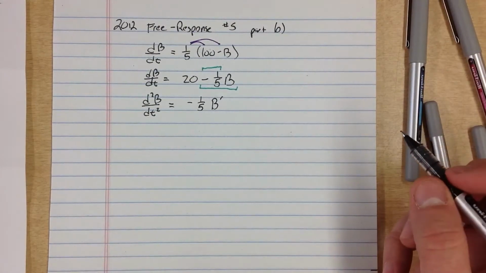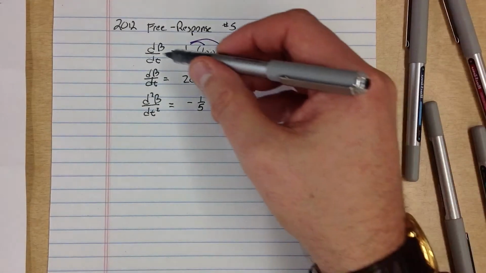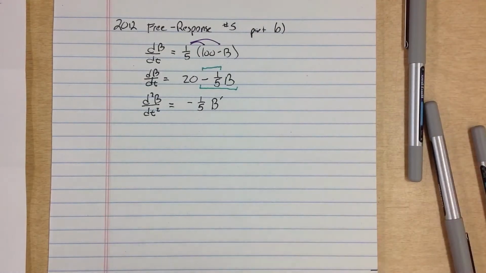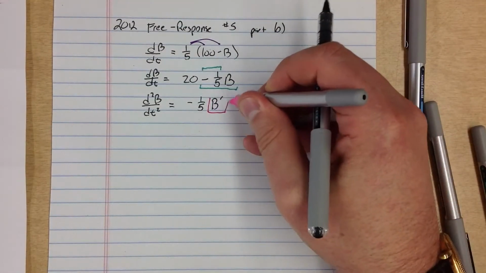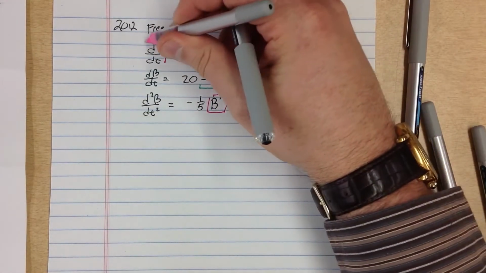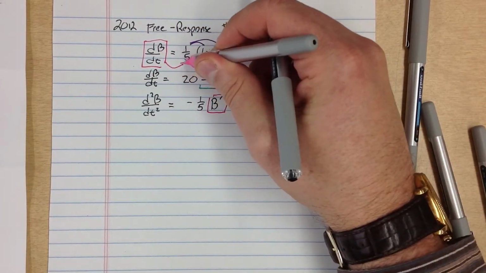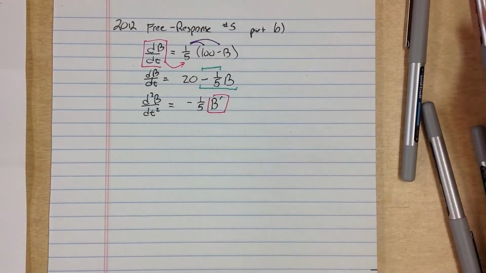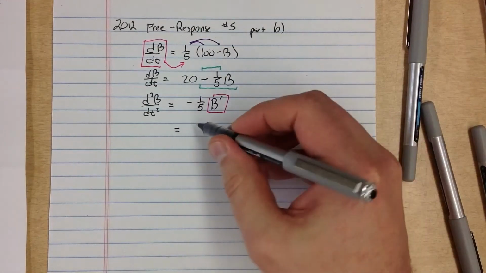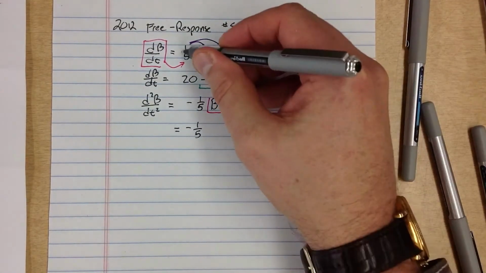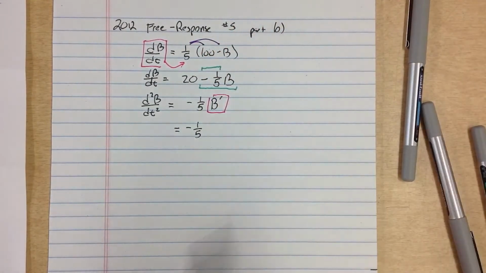I could also call it dB dt. In fact, I know what dB dt is. So this b prime right here is the same as this dB dt, which is this. So I can replace the b prime with this whole expression, all of this.